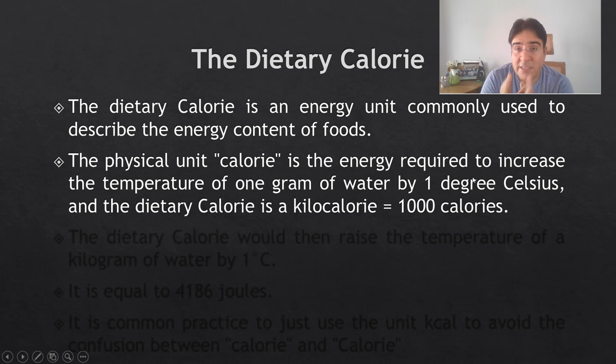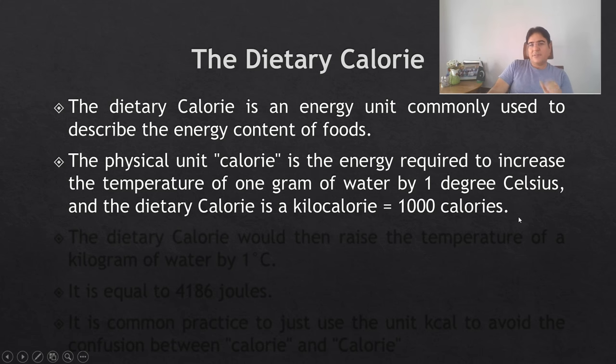The physical unit of energy, calorie, is the amount of energy required to raise the temperature of 1 gram of water by 1 Celsius. But that is too small for us. So we need a bigger unit. We use kilocalorie or kcal.